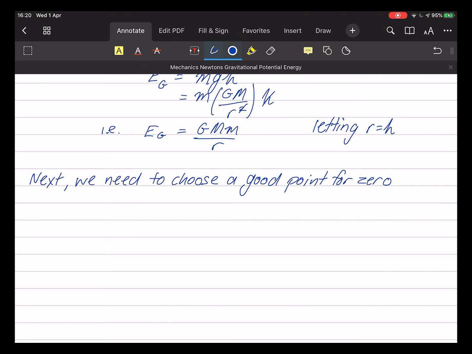We need to choose a good point for zero. Now, if you're doing multi-body analysis, picking the center of any one body makes things difficult and a little arbitrary. So it's easiest and makes the most sense if you pick infinity to be a zero point.